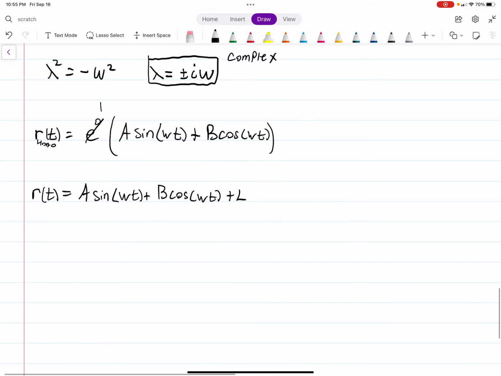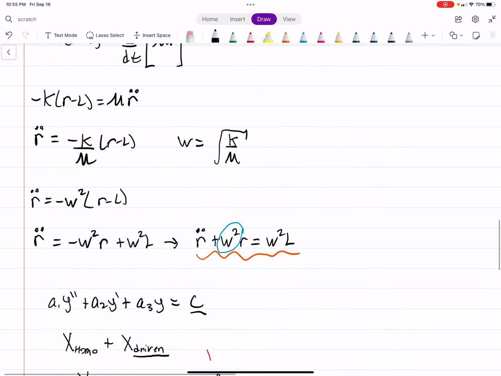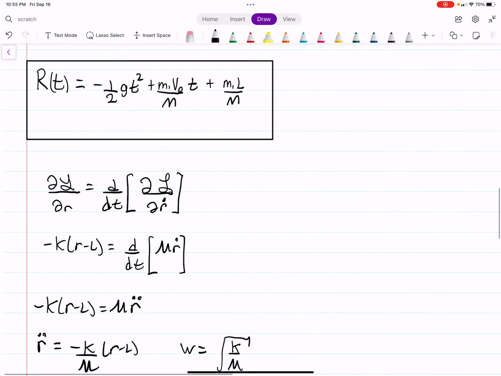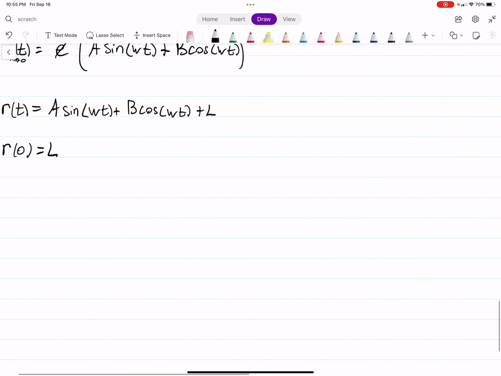Now, just like before, we want to take the general solution and make a particular solution. So r of 0 initially is a distance L. It mentions that in the problem, that he holds the mass at a height L. So initially that's how far apart they are.